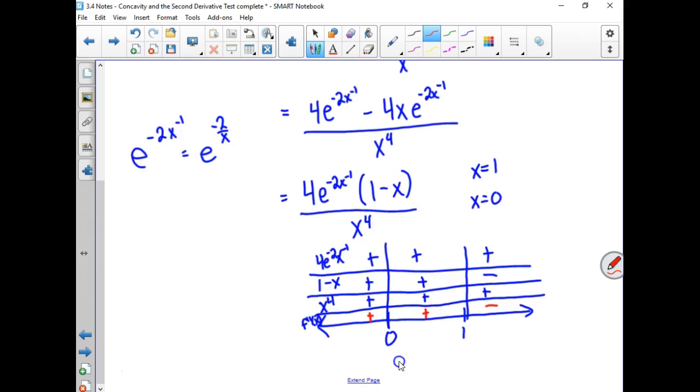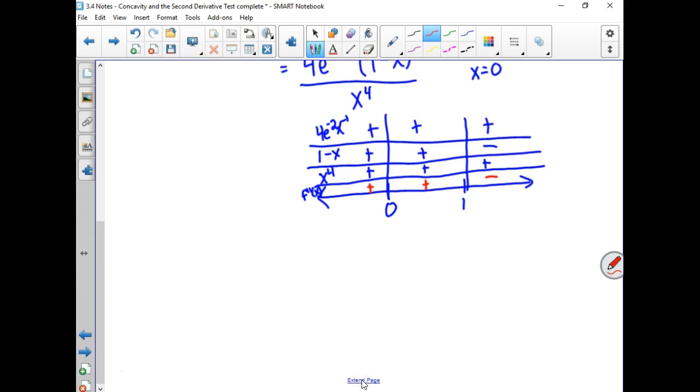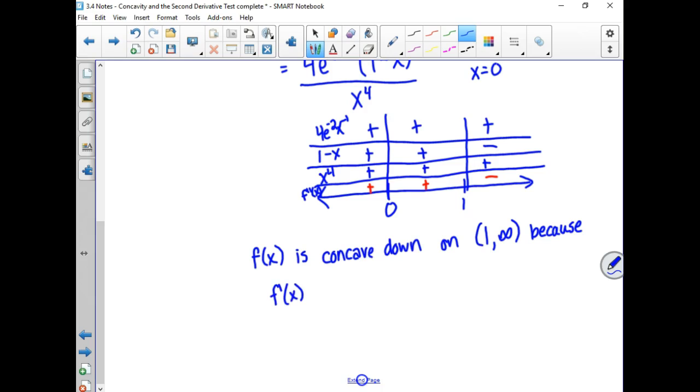And it's asking for where this is concave down. So we would say f of x is concave down on 1 to infinity, because f double prime of x is less than 0 on that interval.